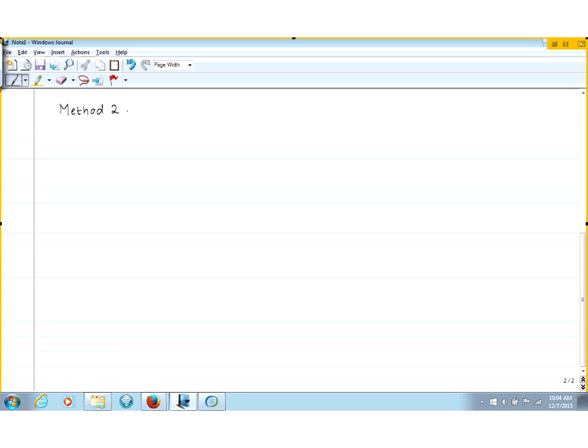Method 2 is for any expression. So what do we do here? We find the LCD of all the numerators and denominators. Not the numerator by itself or the denominator by itself, it is all together.